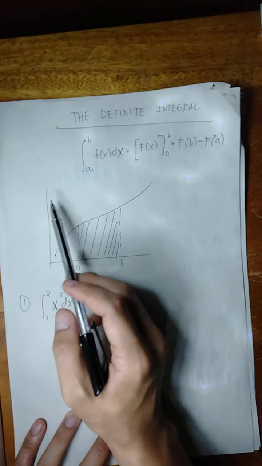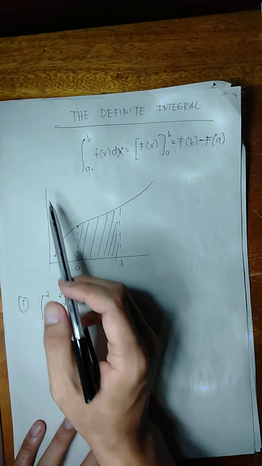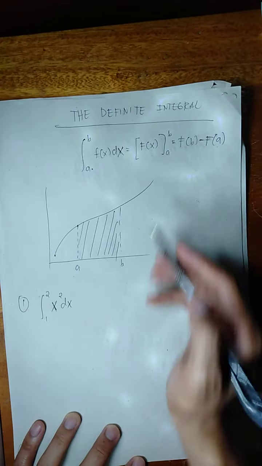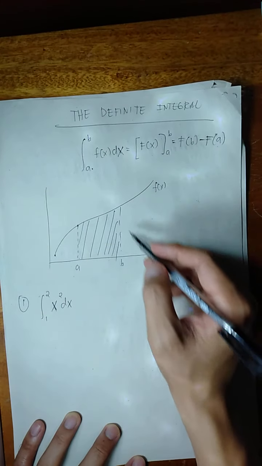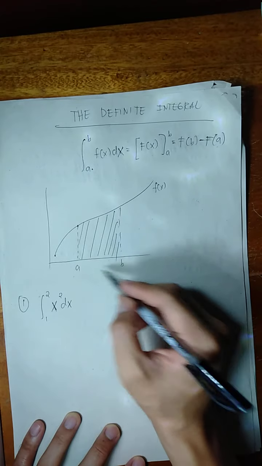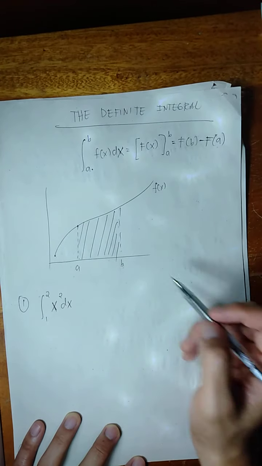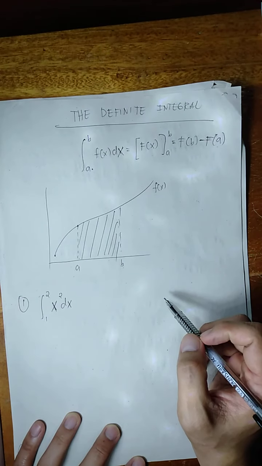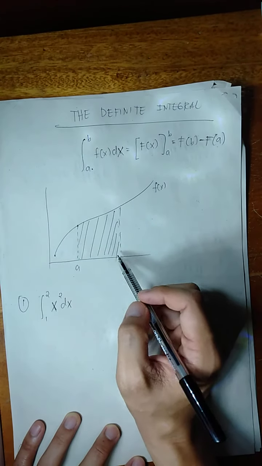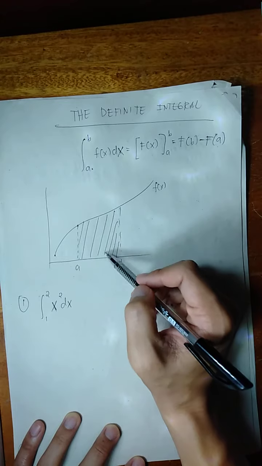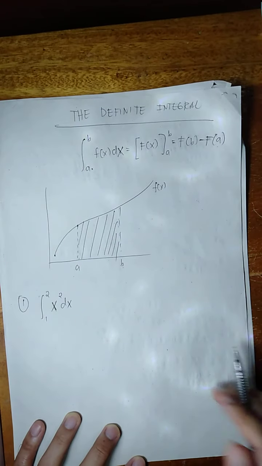Ito ay simple explanation lang. Let's say ito yung function of x natin, tong curve na to, and it is bounded by these limits, which is a and b. By these boundary conditions, itong naka-shade na to, that is your area under the curve.